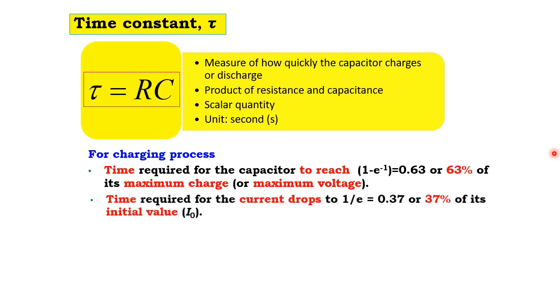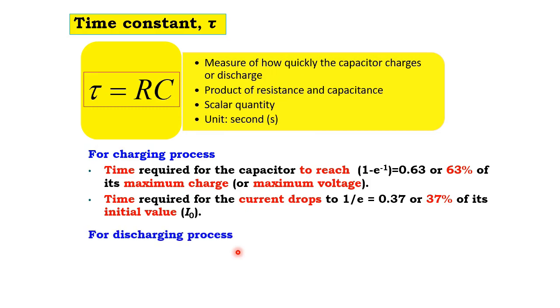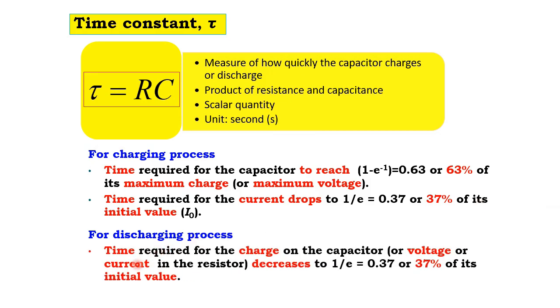For the charging process, it is the time required for the capacitor to reach 63% of its maximum charge, whereas for current, it is the time required for the current to drop to 37% of its initial value, I naught. For the discharging process, it is the time required for the charge on the capacitor, or the voltage or current in a resistor, to decrease to 37% of its initial value.